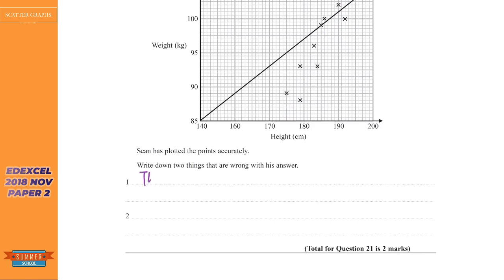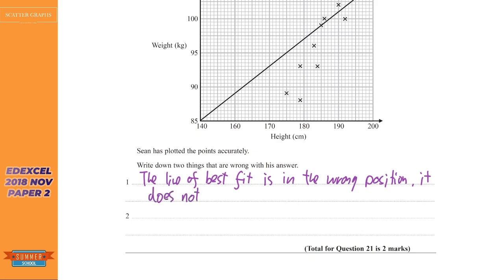So the line of best fit is in the wrong position. It does not go with the data. So what I mean by that is this goes with the data, his one doesn't, right? And you could probably just write the line of best fit's wrong, and you'd probably still get the mark on this.